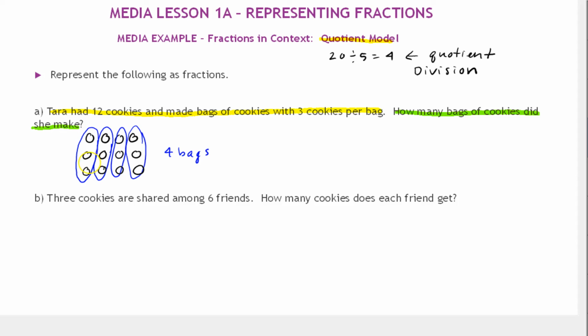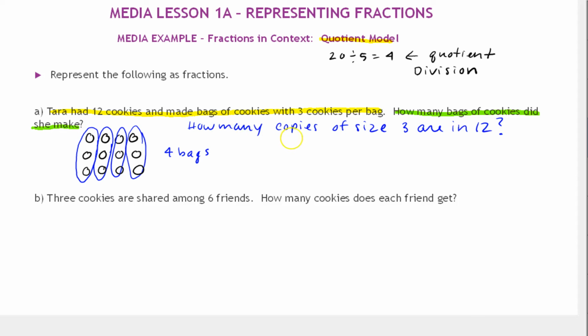Just remember what this problem is asking us to do is it's saying how many copies of size 3 are in 12. Okay. So this is our generic way of writing this type of division problem.